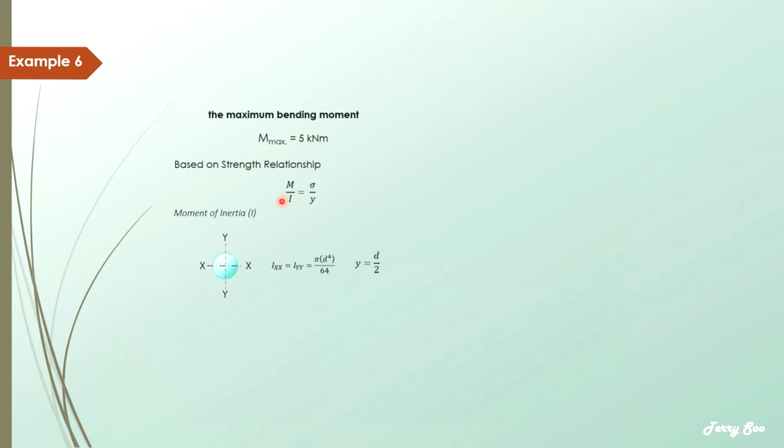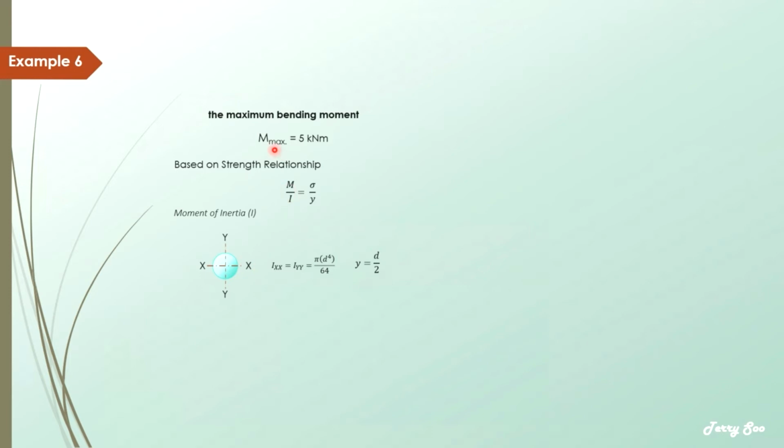Now what we don't have is the moment of inertia. The moment of inertia for a solid shaft can be found by taking pi d to the power 4 over 64, and the y here is the vertical distance from the neutral axis, from the central axis. For this circular cross section, the neutral axis will cut through the CG of the section, so your x will be the neutral axis.